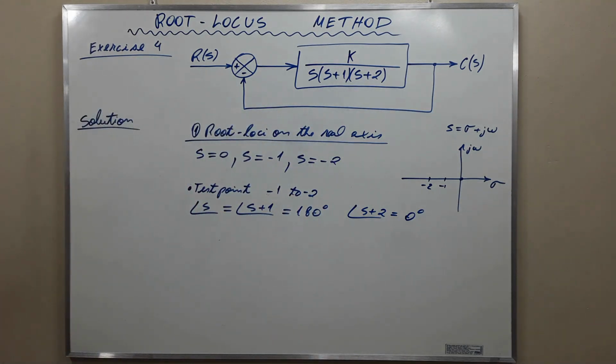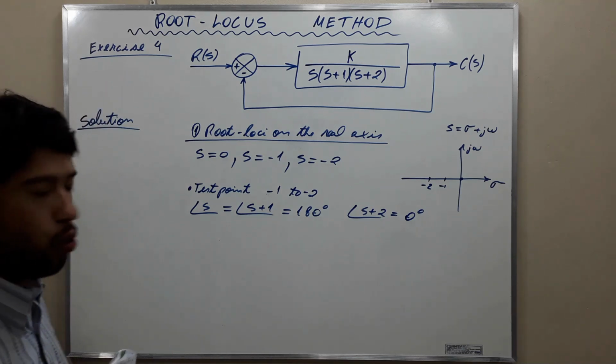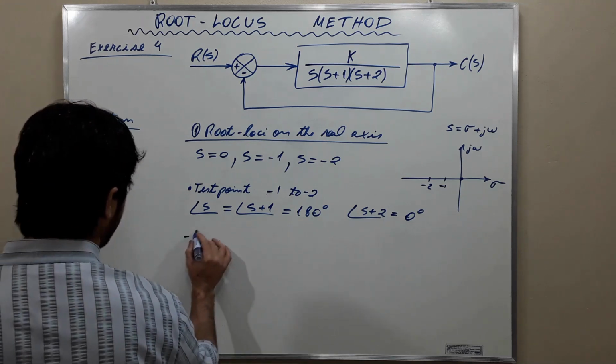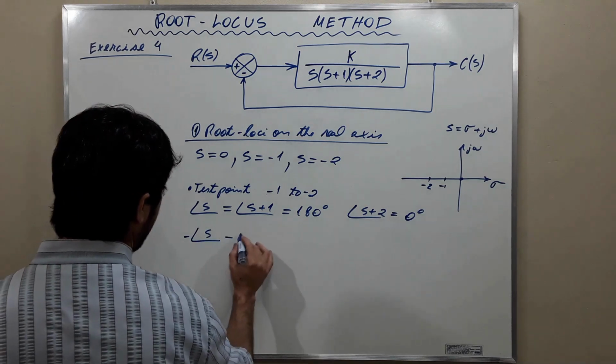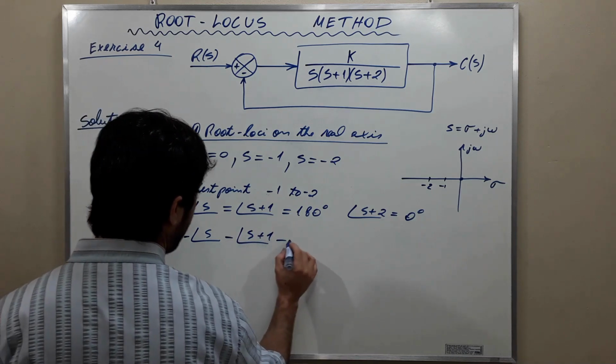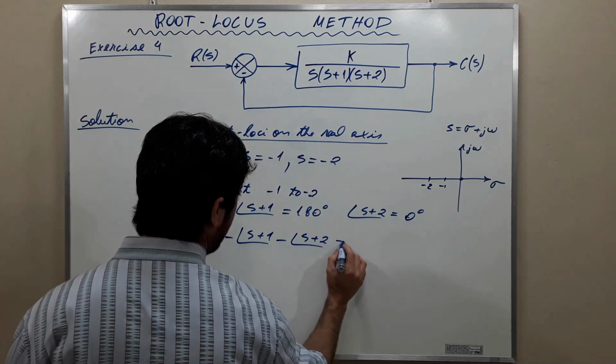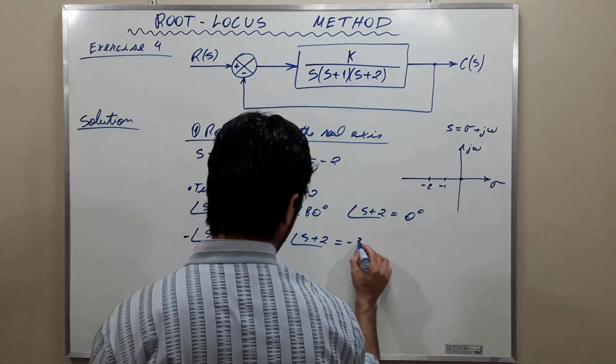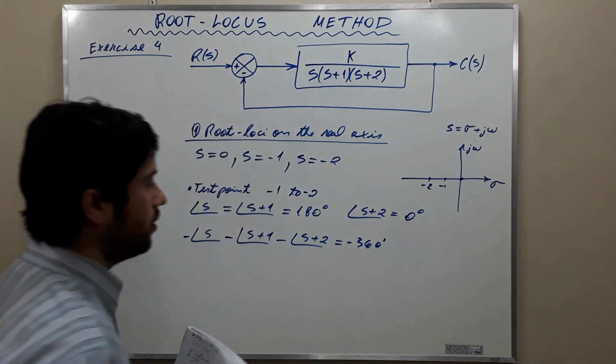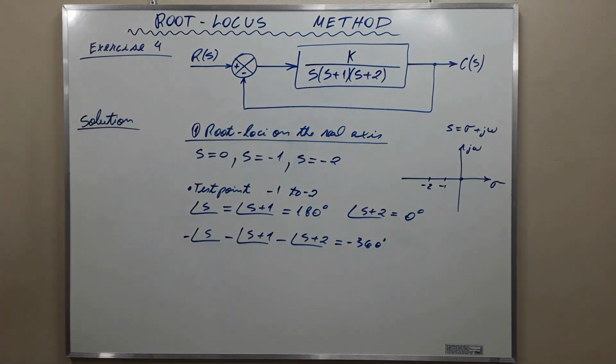What can we conclude from this? We conclude that the angle condition is not satisfied. Why? Because the negative of the angle of s minus the angle of s plus 1 minus the angle of s plus 2 will be equal to negative 360 degrees, and negative 360 degrees does not satisfy the angle condition. Then the segment between -1 and -2 does not belong to the root locus.